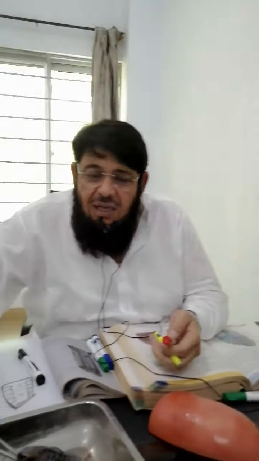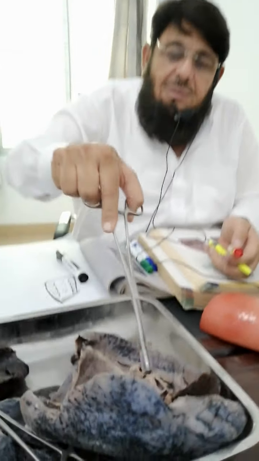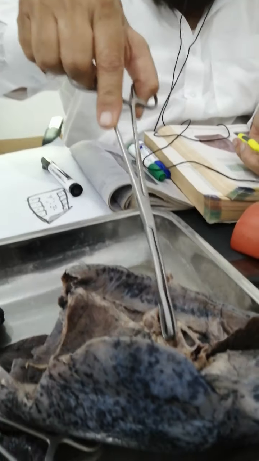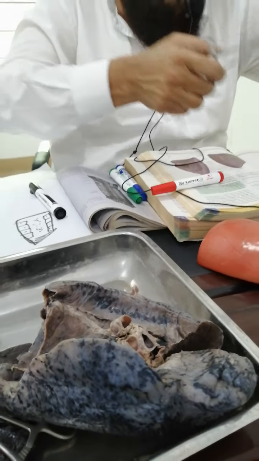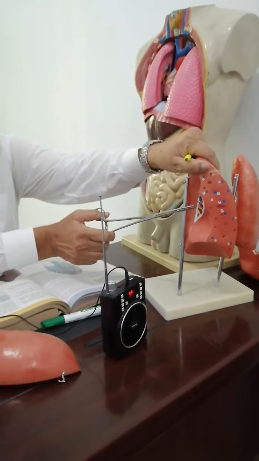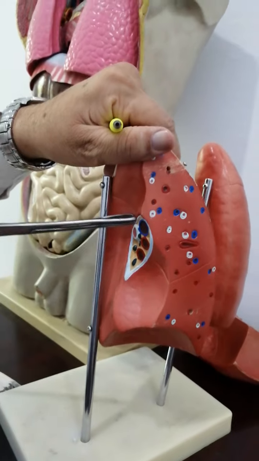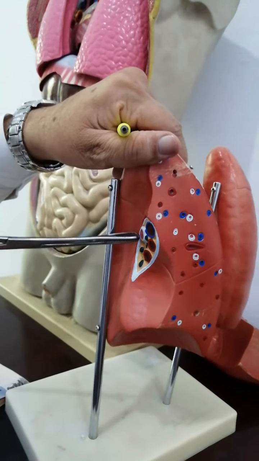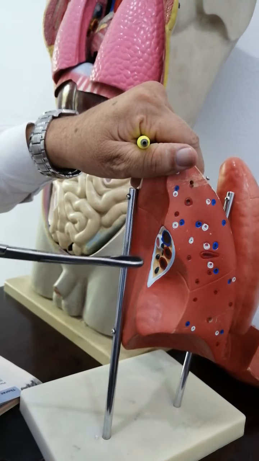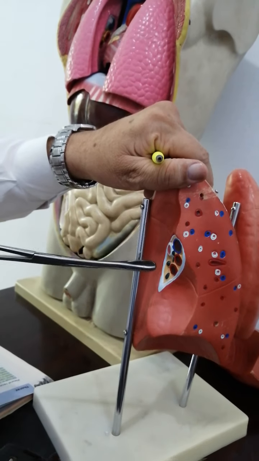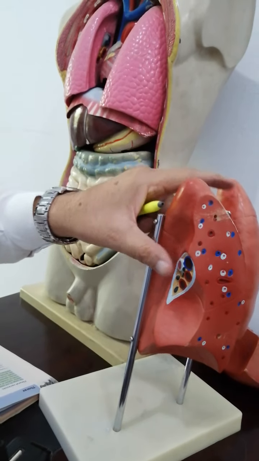And you look over here on the medial surface, you can see many structures enter into the lung tissue and leave the lung tissue. This point is called the hilum of the lung, and the structures, that is the arteries, the bronchi, the veins, the nerves and lymphatic vessels, combined are called the root of the lung.